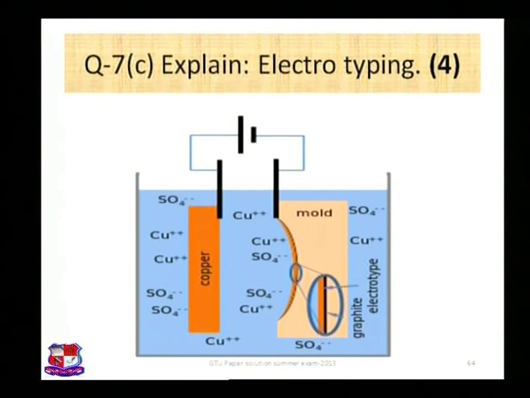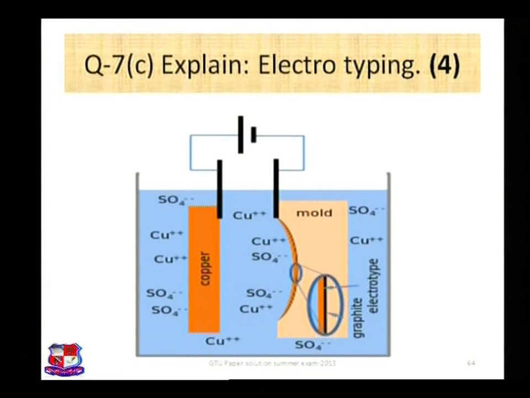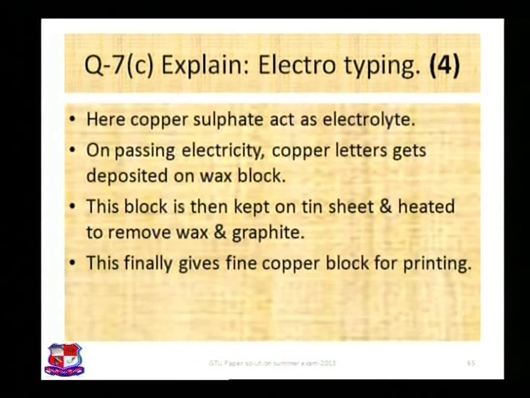So these are the steps. The next thing we do: as it works on the principle of electrolysis, we pass electricity. Now when we pass the electricity, copper later gets deposited on the block of wax.